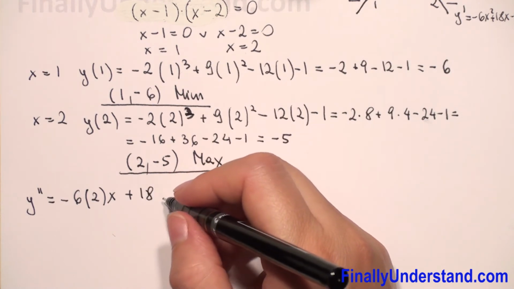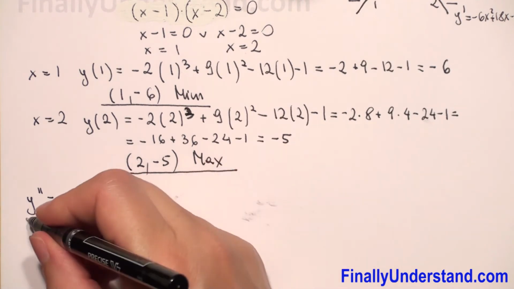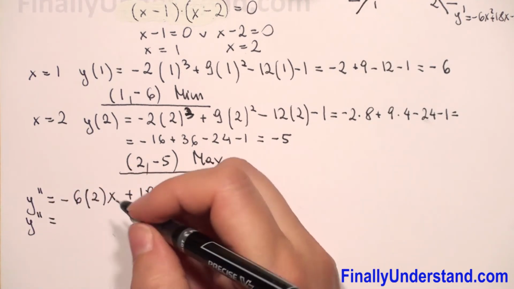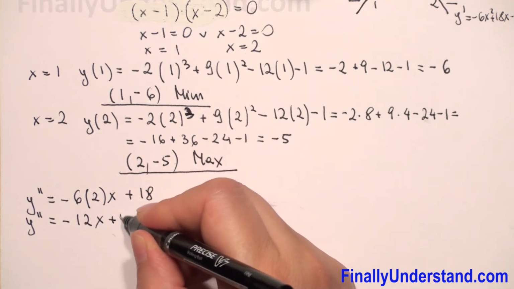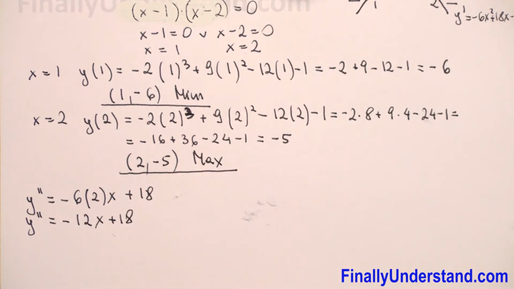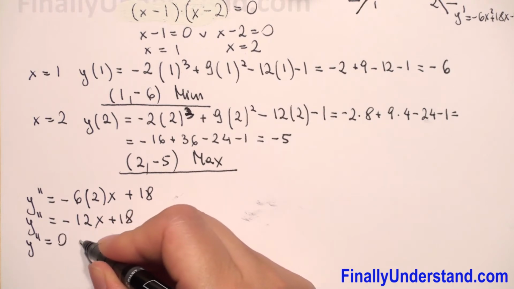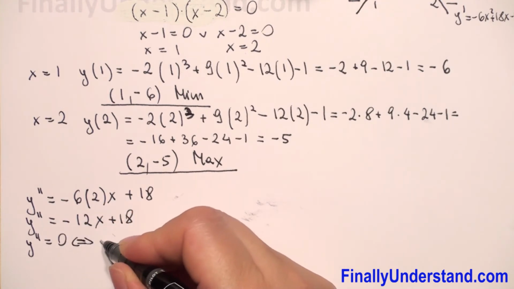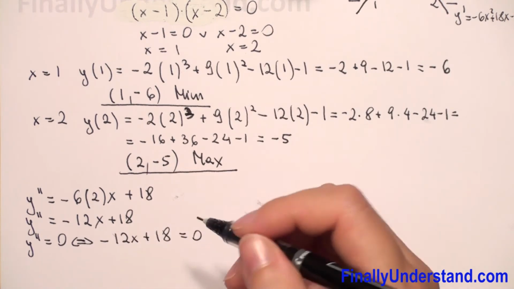The derivative of negative 12 is 0, so we don't write this. So the second derivative is equal to negative 12x plus 18. Next, we have to set our second derivative to 0. So y double prime is equal to 0 if and only if negative 12x plus 18 is equal to 0.